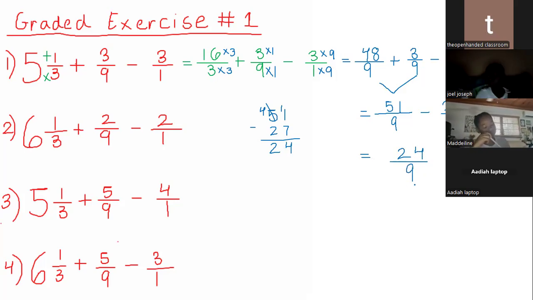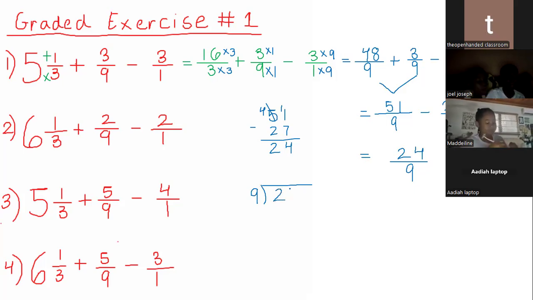Now we're going to take this and write it as a mixed number. How are we going to do that? Divide. So 9 into 24. How many times does 9 go into 24?